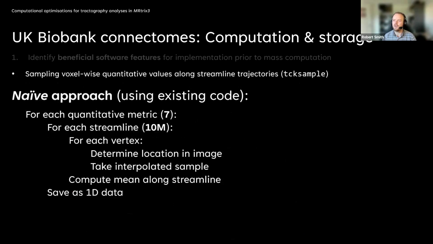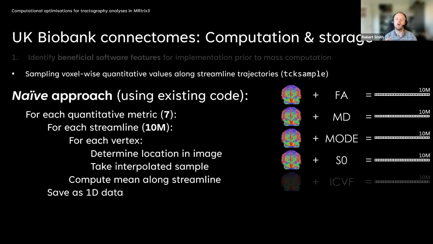The second was around this idea that sometimes when we generate connectomes, we sample values from some quantitative image along the length of each streamline, and then it's those values that go into the connectome. So you're taking your tractogram, you're taking some 3D quantitative image, and you're sampling values along its streamline trajectory. Here we're generating 10 million streamlines per session, so we have 10 million values where each is the mean of that particular quantitative image.